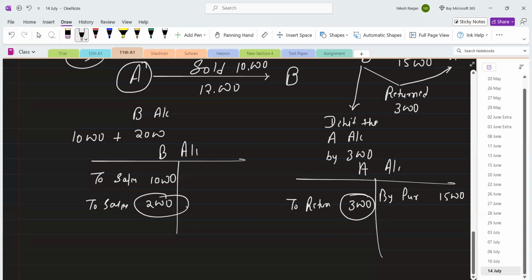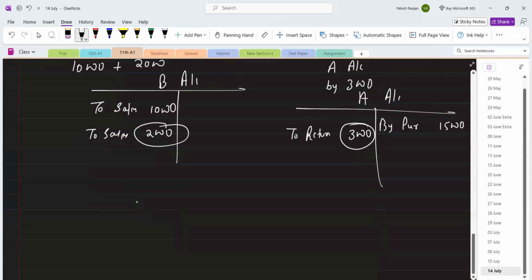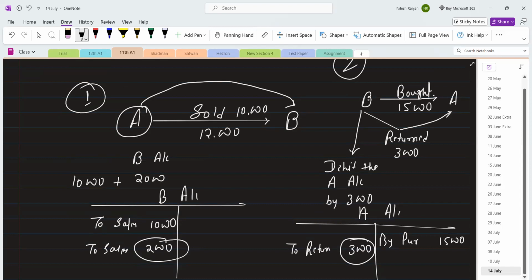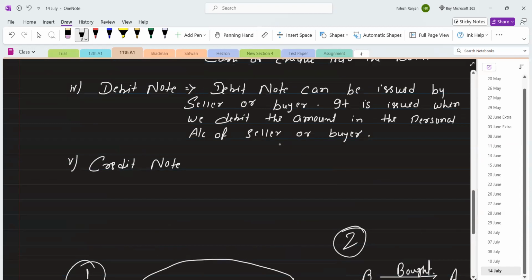So here it is debited 3,000, here it is debited 2,000. So in both of these cases, buyer or seller will issue debit note to the opposite party. Here A is seller, and seller is issuing debit note to purchaser. And here B is buyer, and B is issuing debit note to the seller. So debit note can be issued by any person, either buyer or seller, to the opposite party for the amount or account debited.